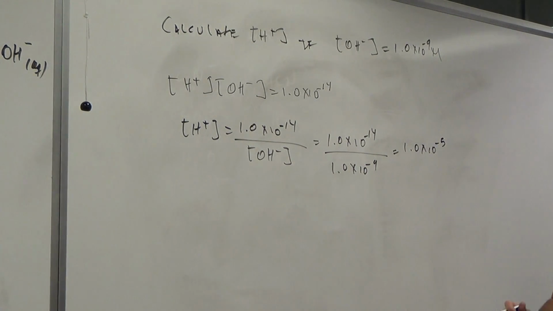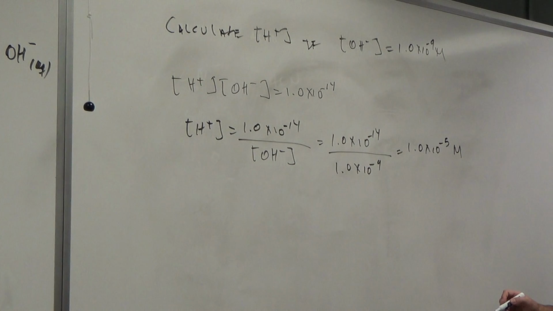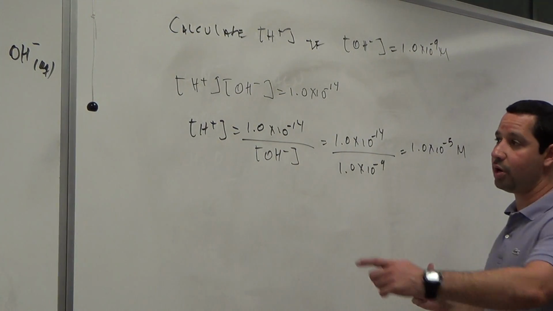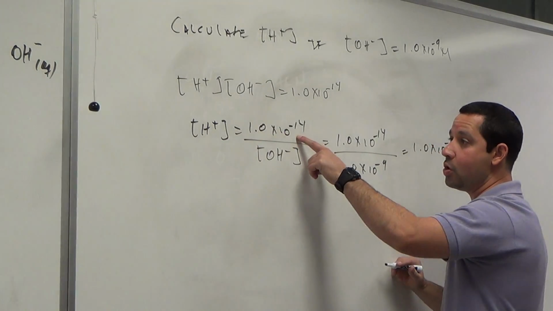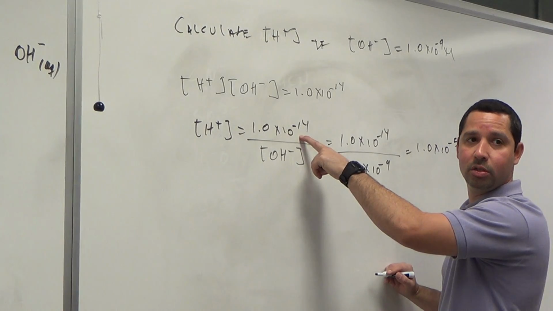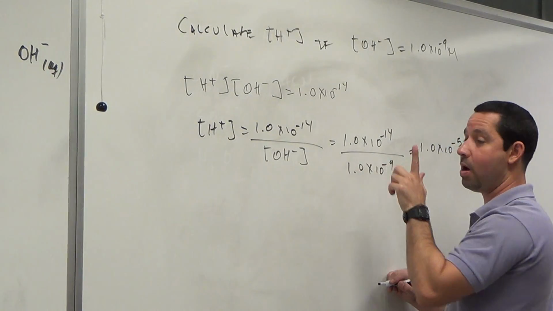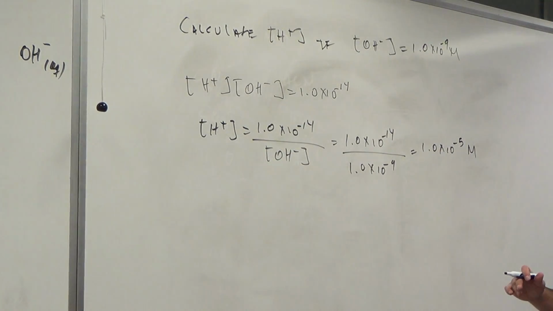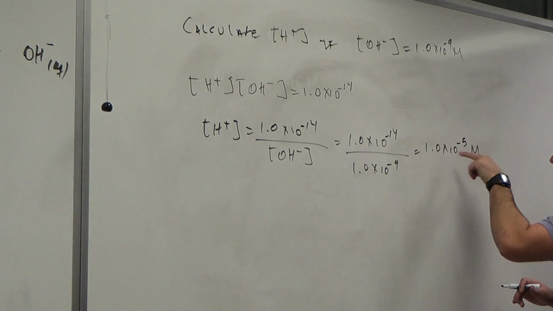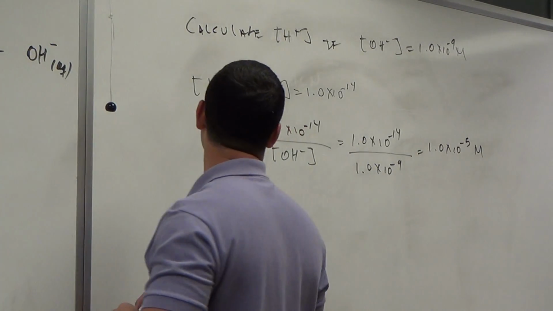Does this have units? Molarity. How do you know the units are molarity? Because it is concentration of H plus. But does this equilibrium constant have units? No. And does OH minus have units? Yes, and it's on the bottom. So arbitrarily, not because the units cancel out or anything, we're saying that this is molarity because it's concentration, and that's it.